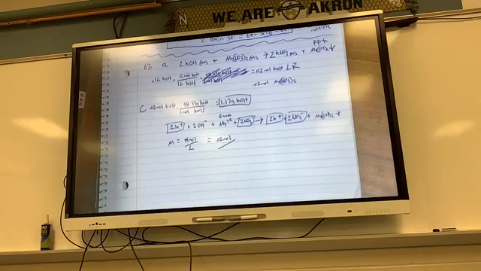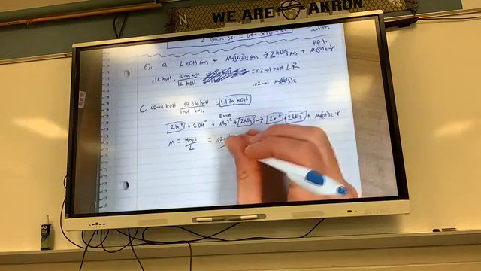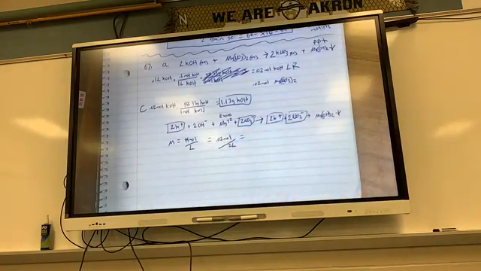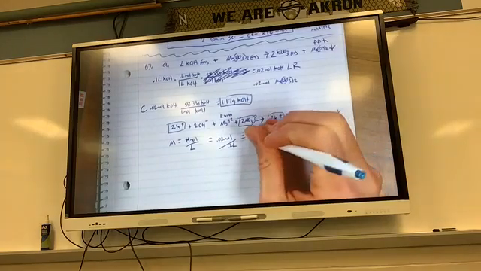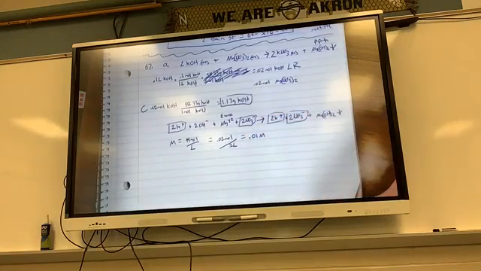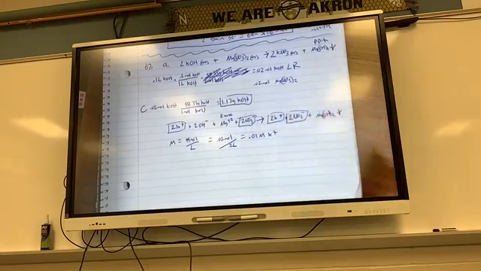Because I have to add them together. On 67, I've got 100 milliliters added to 100 milliliters. So that's a total of 200 milliliters, 0.2 liters. So 0.02 divided by 0.2. My answer is 0.1 molar of K plus.